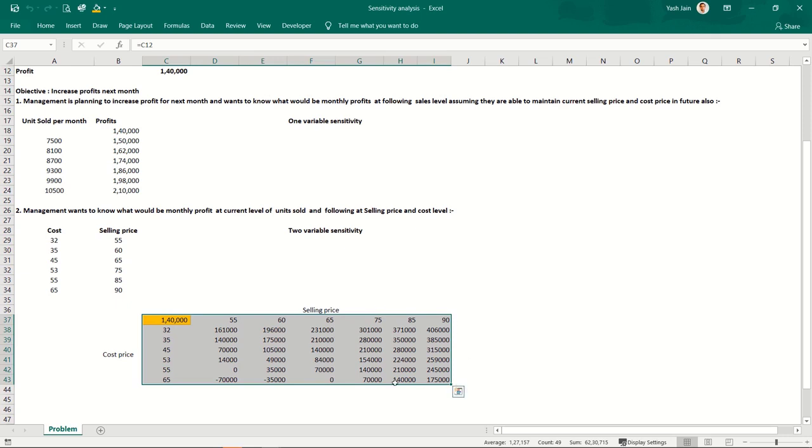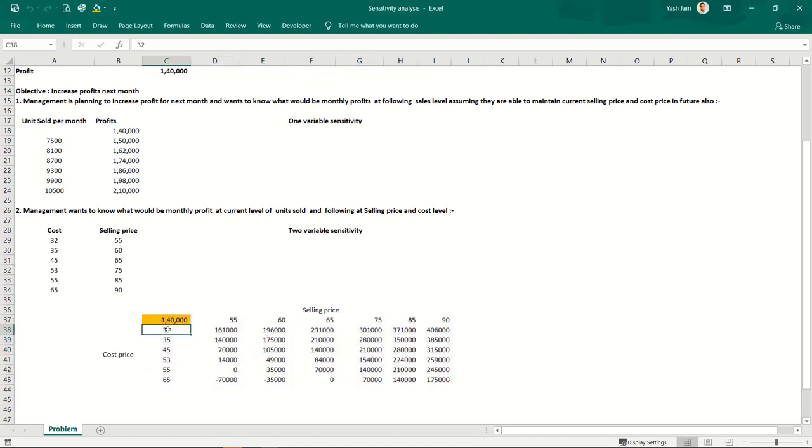And this is the profit level that I'll be having. So at $55 selling price and $32 cost, my profits would be 1,61,000 and so on so forth. And if you observe diagonally, that is selling price is 55 and cost is 65, we would be making losses of 70,000.